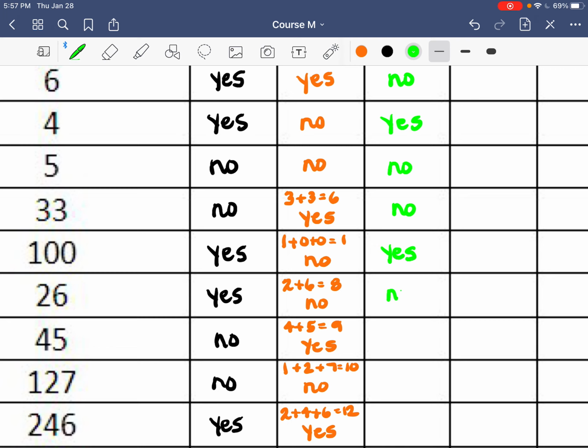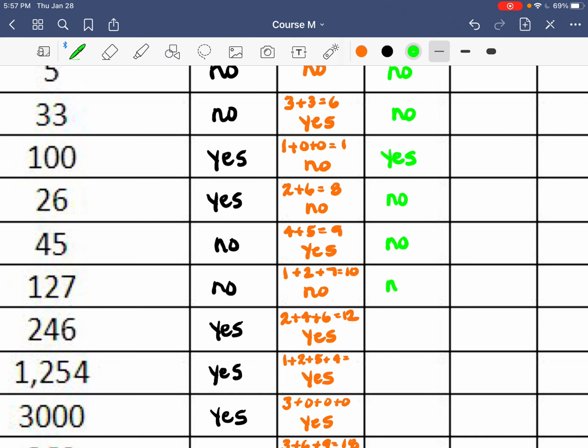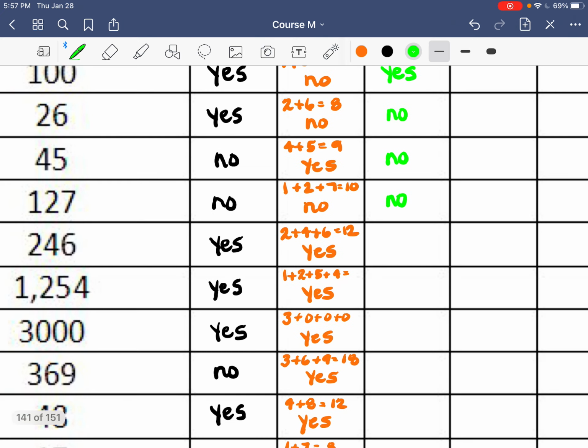26 is a no. 45 is a no. 27 is a no. 46, be careful with that one. If you need to, divide it out, because at first it looks like it would go, but it won't. It would have a remainder of 2.